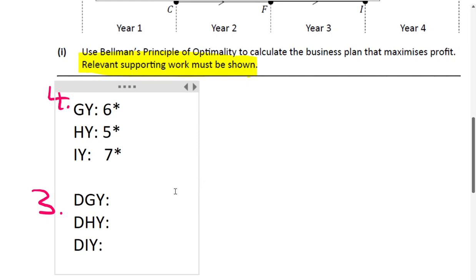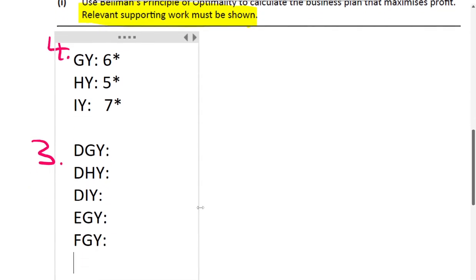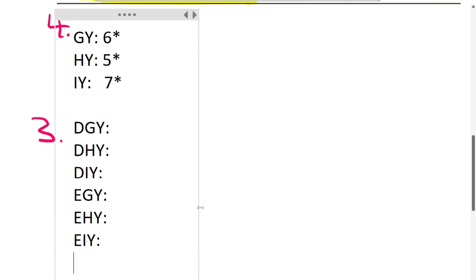So they are the paths from G to Y in stage 3, but we also have E and F as well, so we have EGY, and no, not EG, sorry, I'm getting ahead of myself. EHY and EIY. I've just chosen this way to do it, to start from the start nodes and finish in the end nodes, rather than work on the middle ones, but whatever way works for you. FGY, FHY, and FIY.